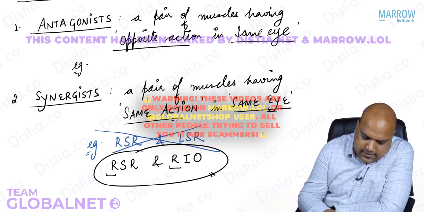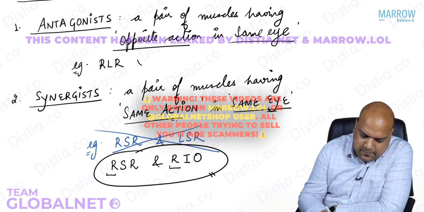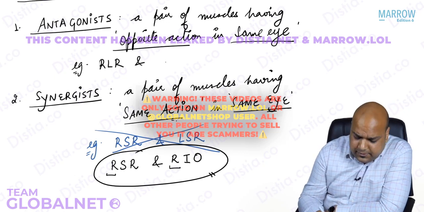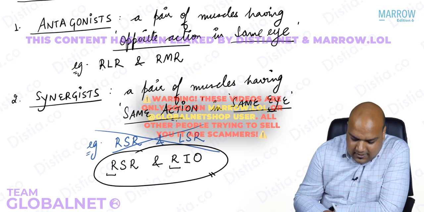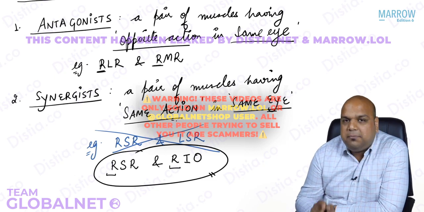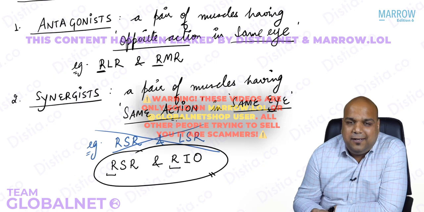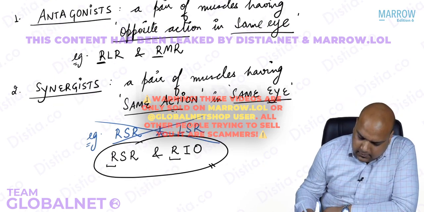So, for example, right lateral rectus will perform right eye abduction, and right medial rectus will antagonize it by performing right eye adduction. The eye remains the same, the action becomes opposite. I hope we are pretty clear about this. Right, guys? Done? Moving on with the discussion.